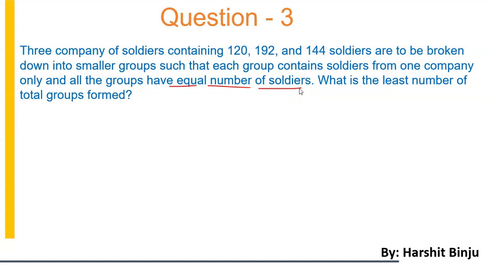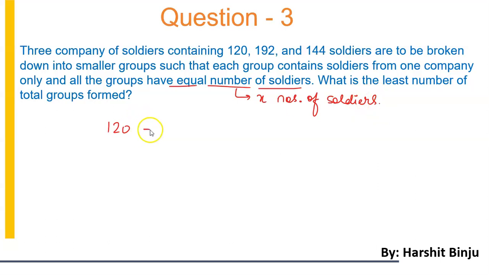So we need to break 120, 192 and 144 into groups such that every group consists of an equal number of soldiers. Let's say every group consists of X soldiers.